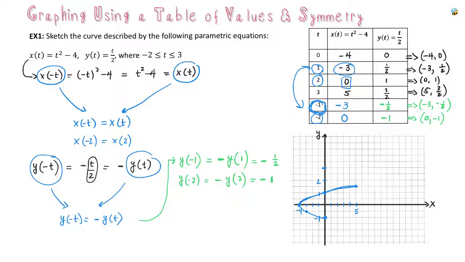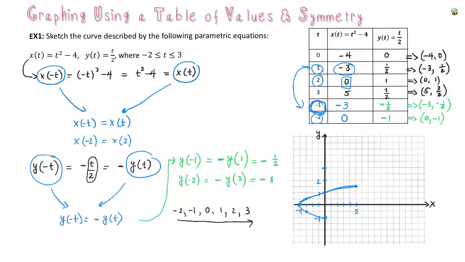Now, the direction. We have to specify direction. In order to specify direction, I like to begin with my negative t value. So from -2, -1, 0, 1, 2, and 3. I like to think of beginning with the outermost negative t value to the outermost positive t value.